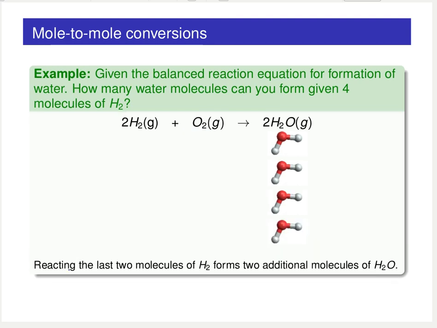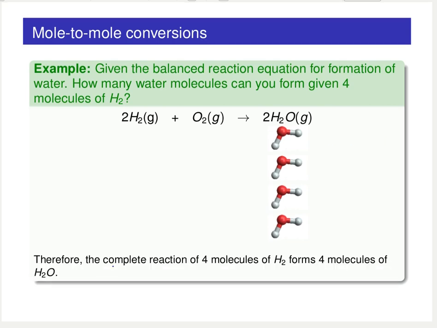And so we can see here that reacting the last 2 molecules of H2 forms the 2 additional molecules of H2O, resulting in 4 water molecules. Therefore, we can conclude that the complete reaction of 4 molecules of H2 forms exactly 4 molecules of water.